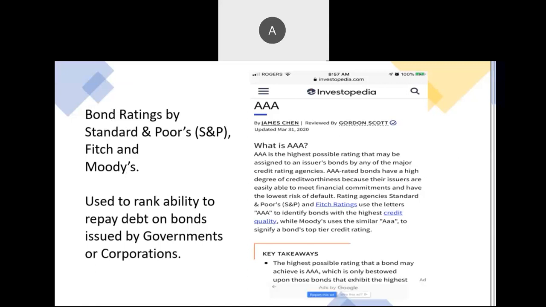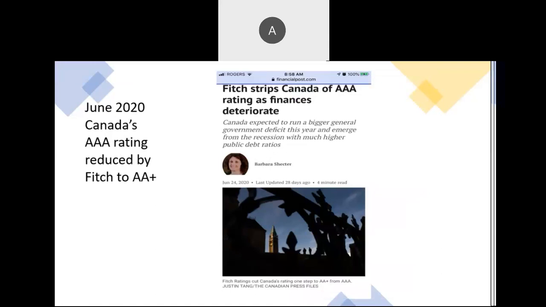organizations. A AAA rating by one of these bonding companies is the highest rating you can have. Prior to June of 2020, Canada had a AAA rating.